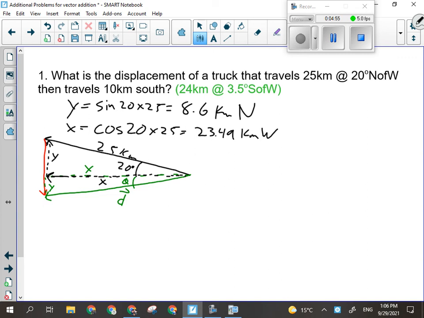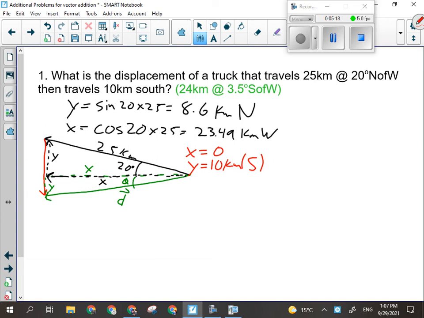And obviously I've already calculated the y. So now I look at my red vector here, and it's due south. So its x component is 0 because it doesn't go east or west, but its y component is 10 kilometers south, because that's all it does, it just goes due south. Everybody follow me so far?